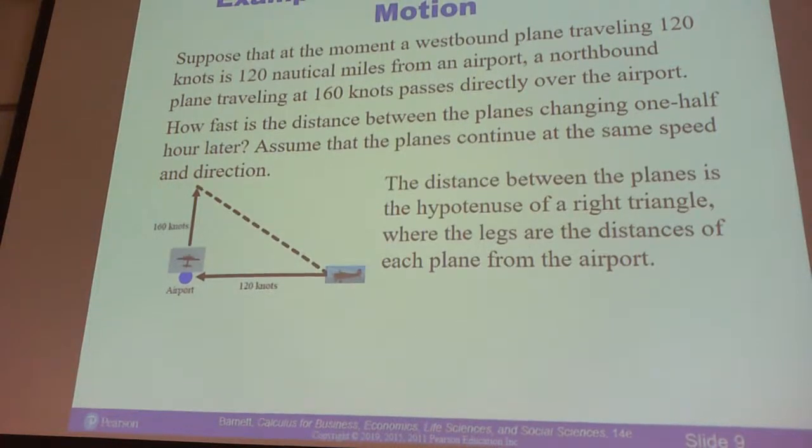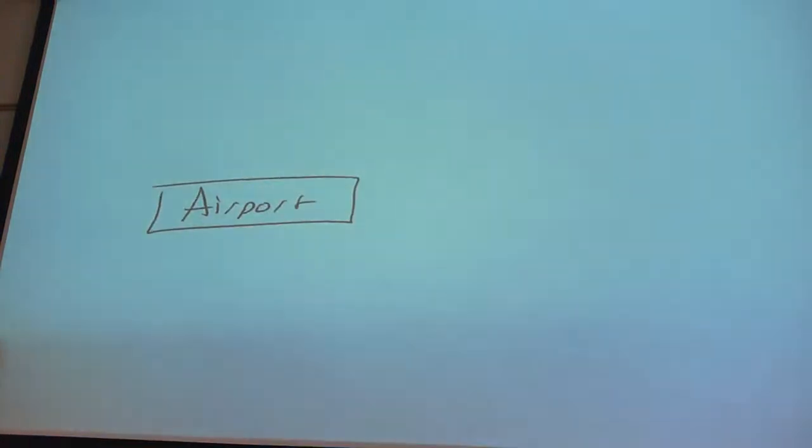Okay? So let's draw a little picture to talk about this problem. So here's our picture. Make sure we understand the problem. Here we have the airport. And we have one plane going north.